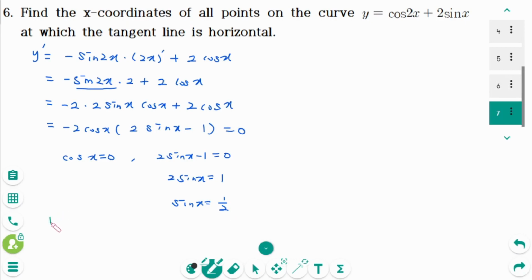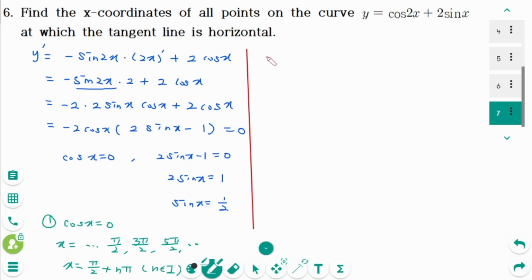The first one, cosine x equals 0. Then x equals pi over 2, 3 pi over 2, 5 pi over 2, then keep going. Then general form is x equals pi over 2 plus n pi, n is any integer. Then number 2, sine x equals 1 over 2.